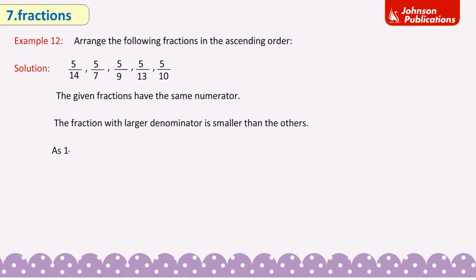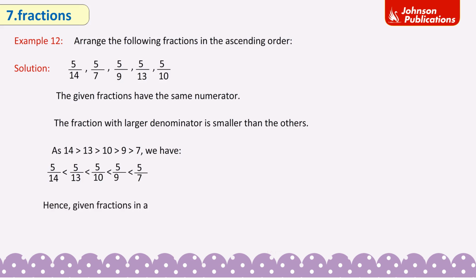As 14 is greater than 13, 13 is greater than 10, 10 is greater than 9, and 9 is greater than 7, we have 5 by 14 smaller than 5 by 13, 5 by 13 smaller than 5 by 10, 5 by 10 smaller than 5 by 9, 5 by 9 smaller than 5 by 7. Hence, given fractions in ascending order are 5 by 14, 5 by 13, 5 by 10, 5 by 9, 5 by 7.